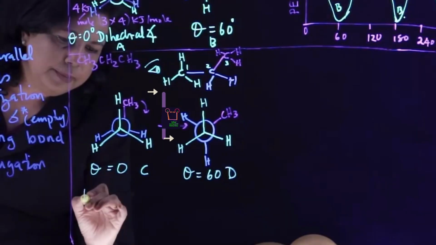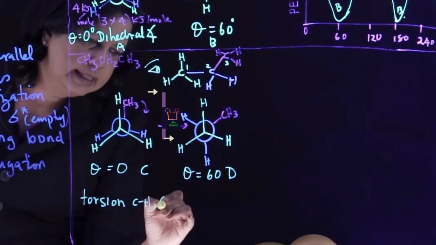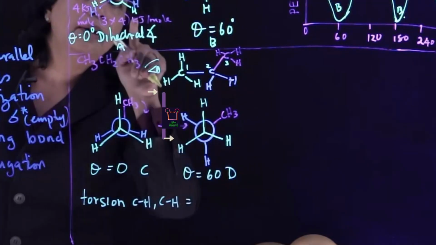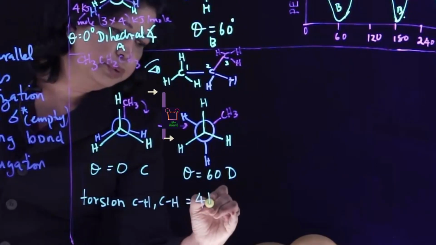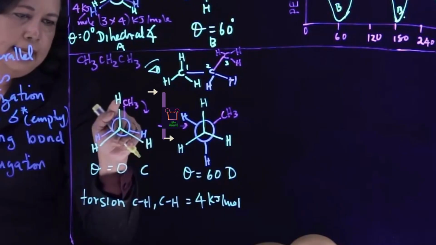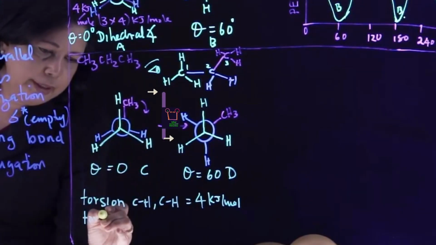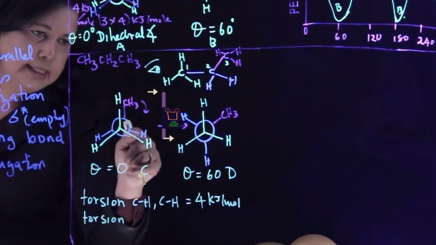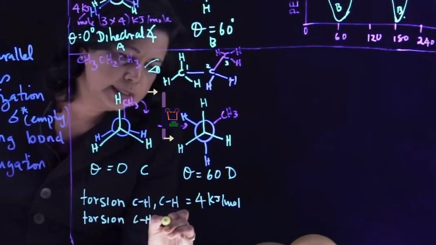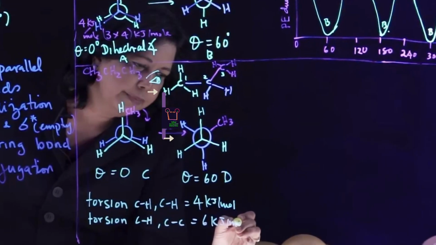So torsion between 2 CH bonds is, we already said, 4 kilojoules per mole. Torsion between the CC and the CH is different because the C carbon obviously is a lot bigger and the CC bond has more electron density in it. So CH-CC is 6 kilojoules per mole.